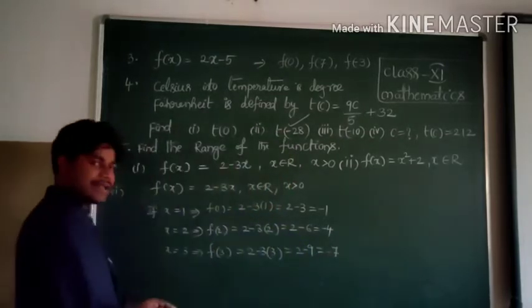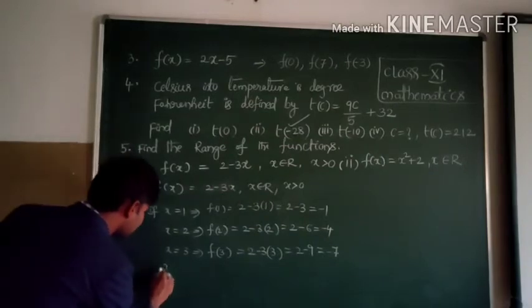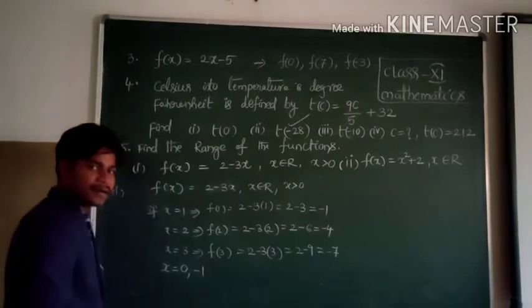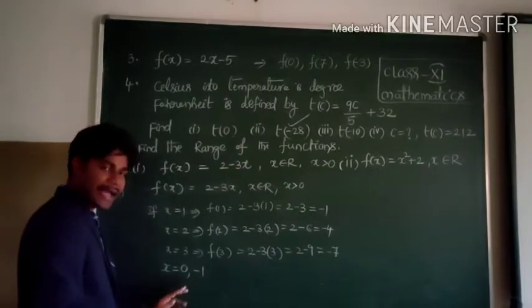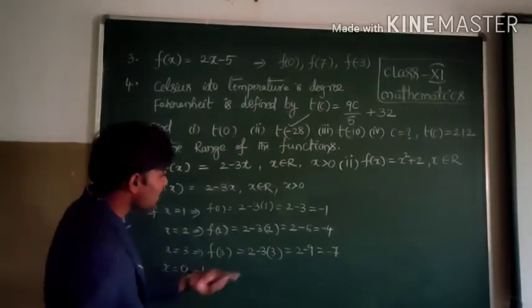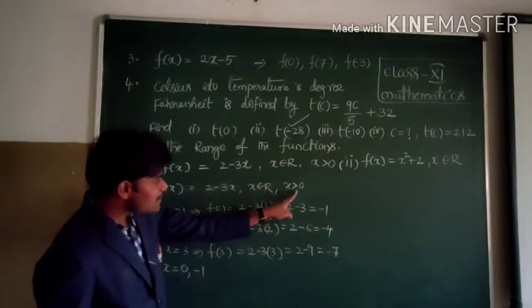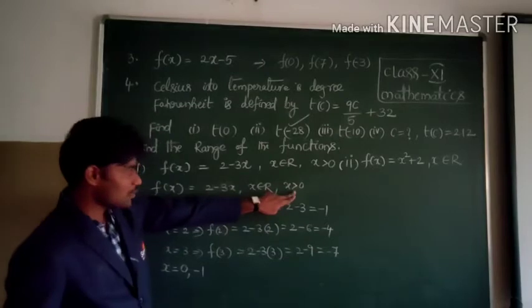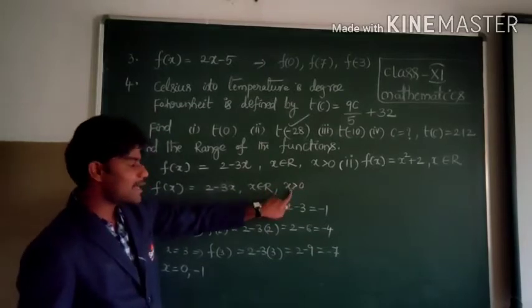So you will get values like this. Suppose you take x equal to 0 or x equal to minus 1. These cases are not accepted here because x is defined only when x is greater than 0. It is not equal to 0 either, right? x must be greater than 0.